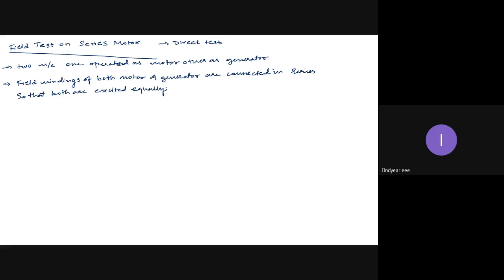Okay. So the circuit diagram again here: both the motor and generator are mechanically coupled. Two machines are used, one operated as motor, the other as generator, which are mechanically coupled. So the circuit diagram goes like this.